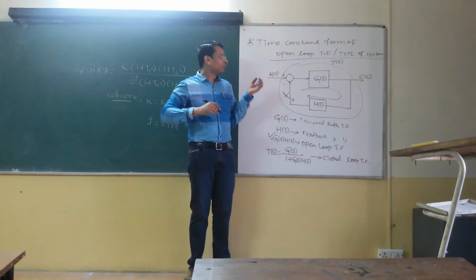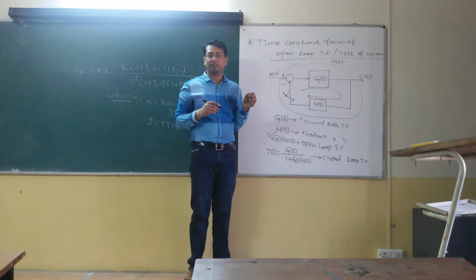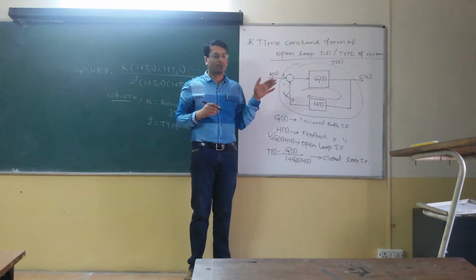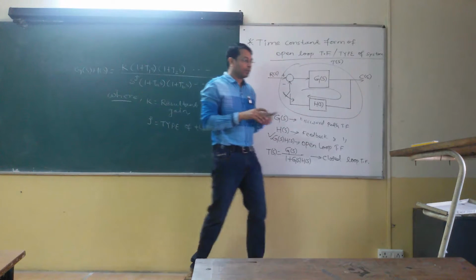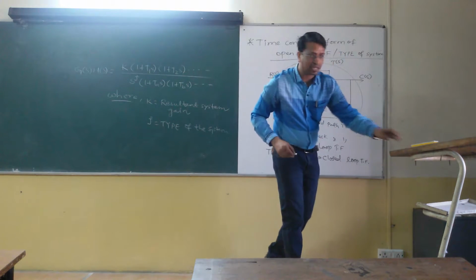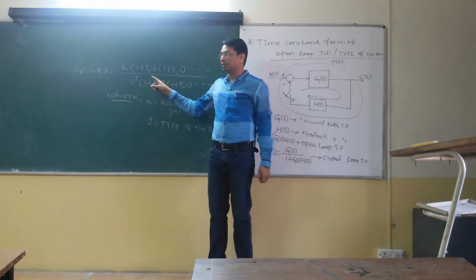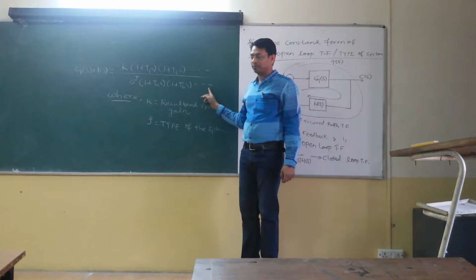Now coming to one of the very important representations of your transfer function, that is the time constant form. If you are provided with a transfer function, you can arrange it in this particular manner.